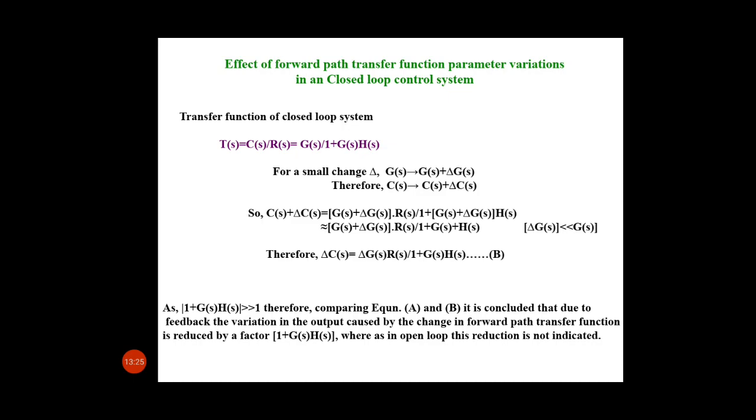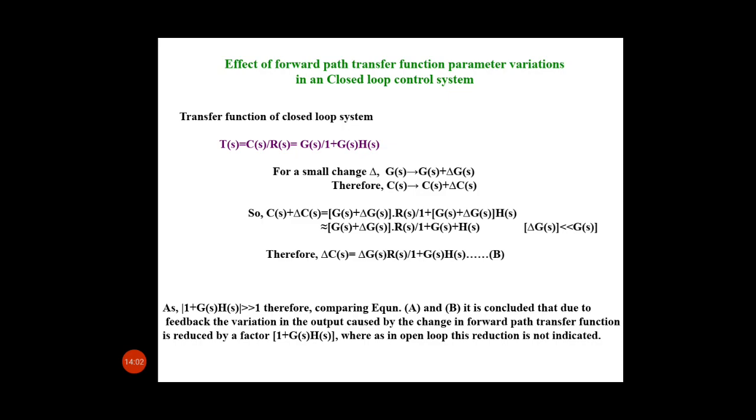As 1 plus G(s)H(s) is much greater than 1, comparing equation A and equation B, it is concluded that due to feedback, the variation in the output caused by the change in the forward path transfer function is reduced by a factor 1 plus G(s)H(s), whereas in the open loop system, this reduction is not present.